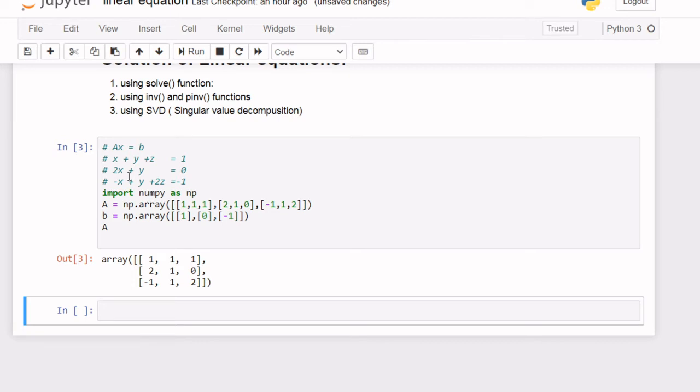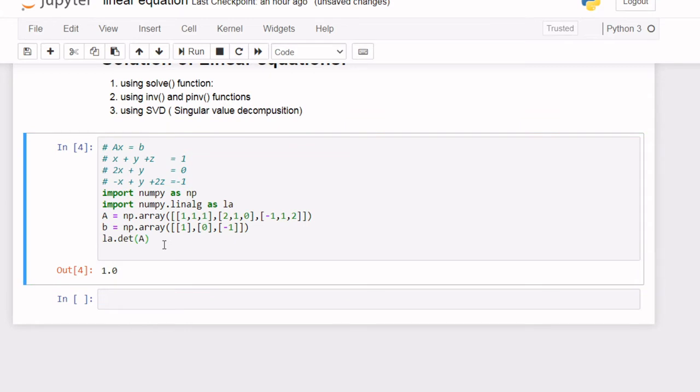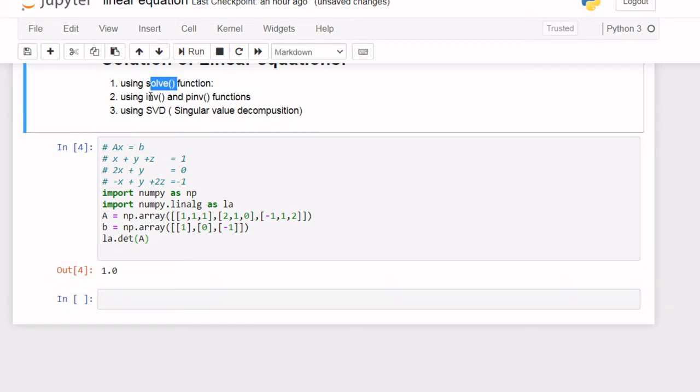To find the determinant of a matrix we have to import the linalg module, so we import numpy.linalg as la. We check that the determinant of A is 1, so it is non-zero, and we can use the solve function, inv and pinv, all these functions.